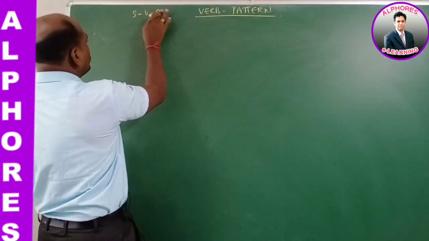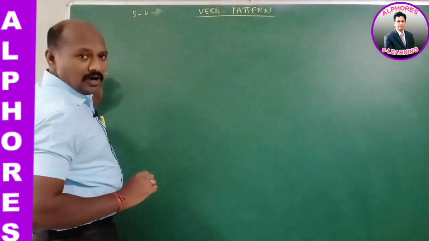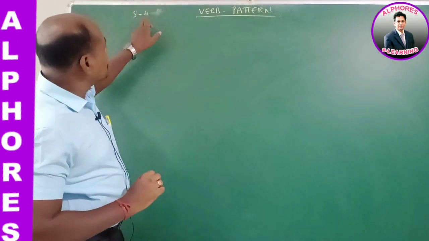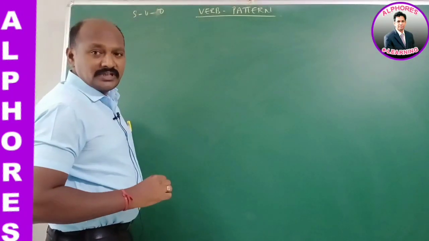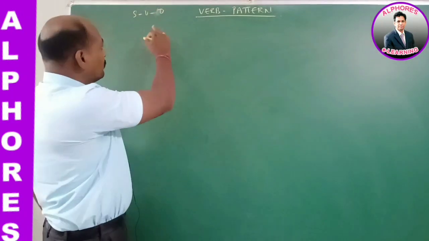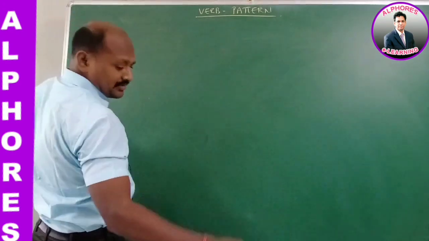According to this, whenever a verb does not have any object, that is called an intransitive verb. Whenever a verb contains an object, it is a transitive verb. So let us first discuss the intransitive verb.